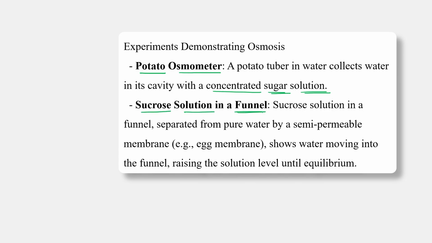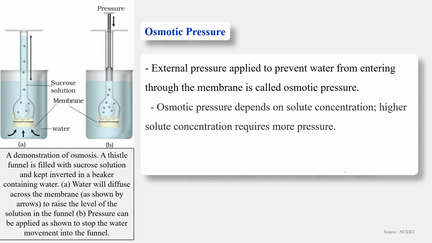Sucrose solution in a funnel is separated from pure water by a semi-permeable membrane, or egg membrane, which is a type of semi-permeable membrane. It shows water moving into the funnel, raising the solution until equilibrium.